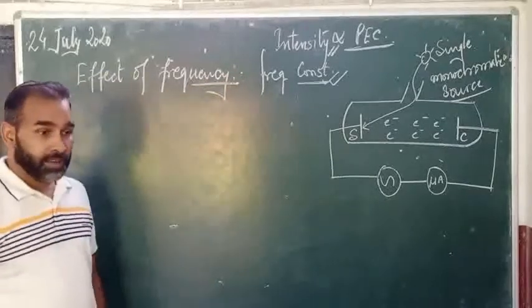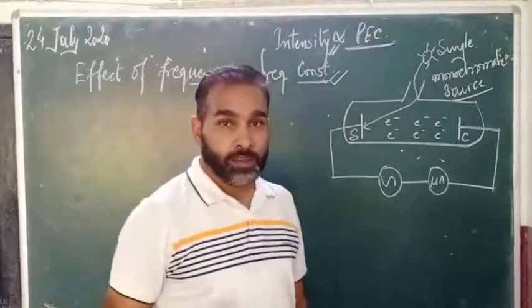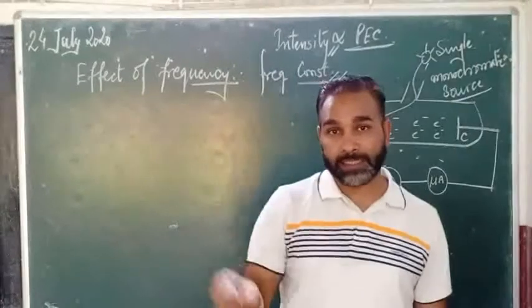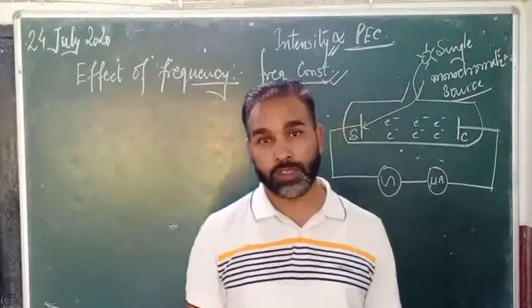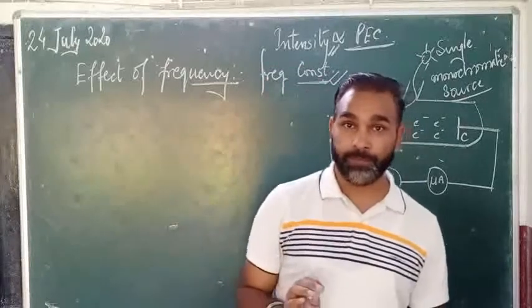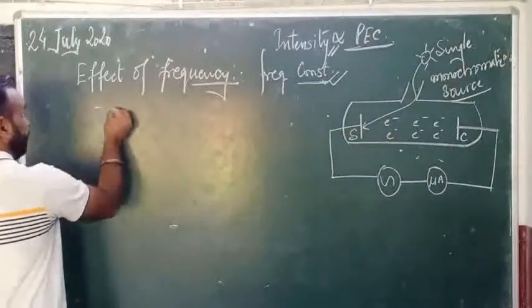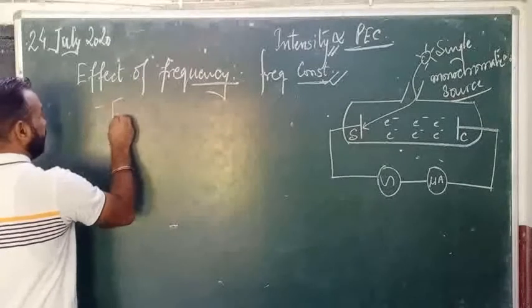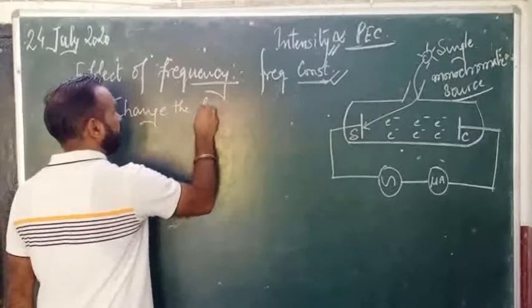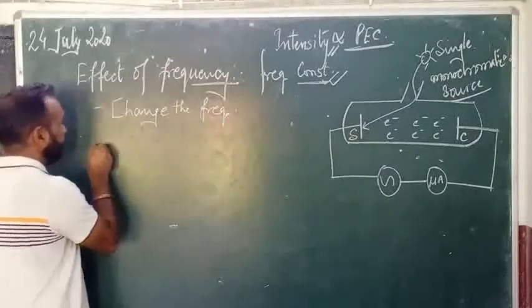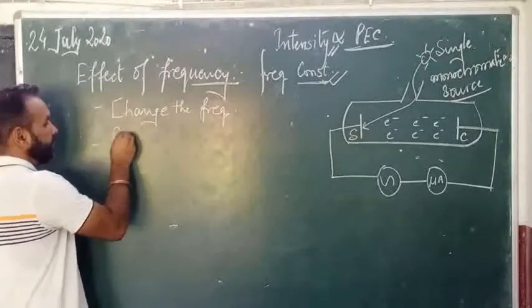That means we are now using a source of different color. Frequency will change, intensity will remain the same. So in this, we will change the frequency and fix the intensity.